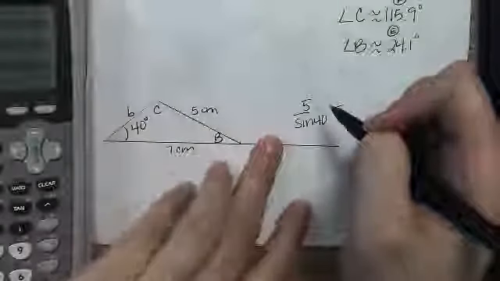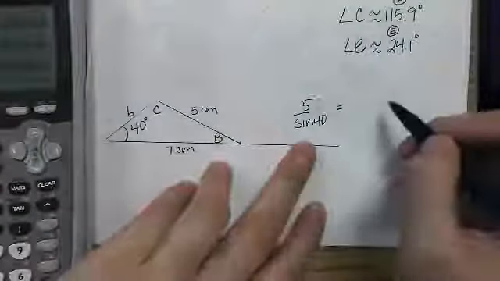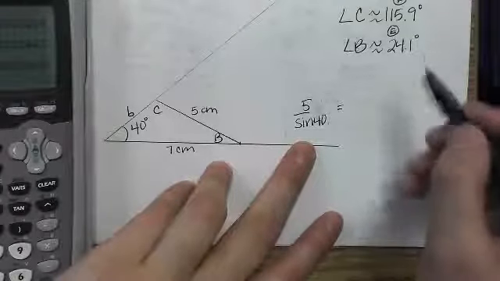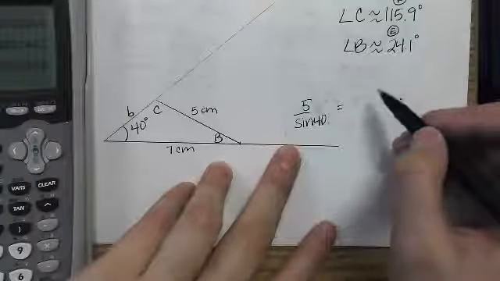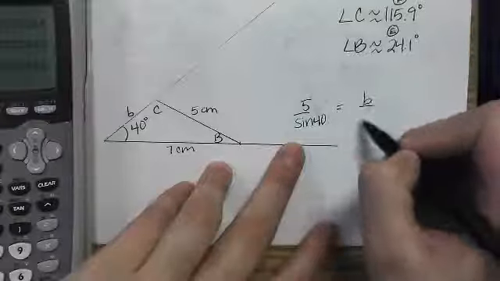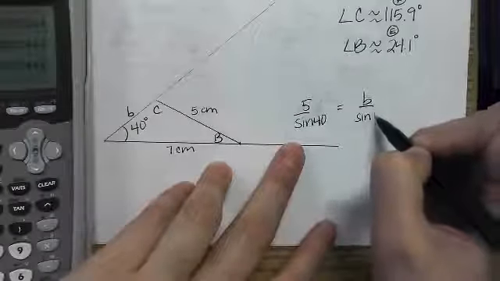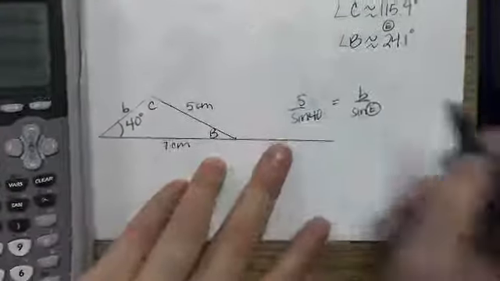Alright, so we've got 5 over sine 40 equals what? We're solving for b. So b over sine of angle b, which I stored in my calculator as e this time.